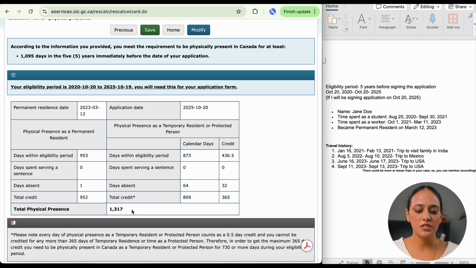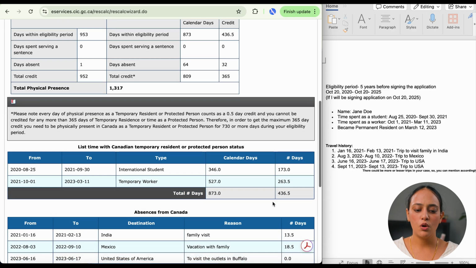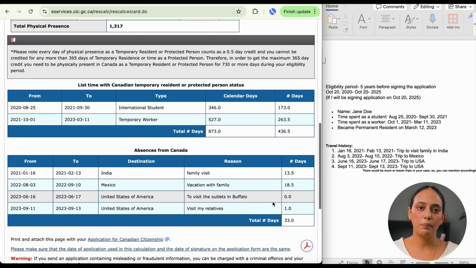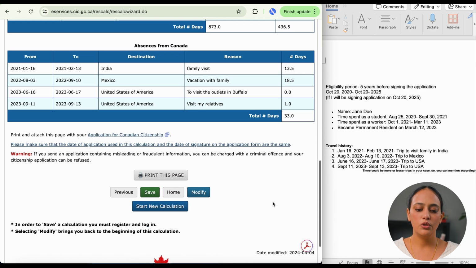But if the physical presence here comes out to be less than 1095 days, then you should wait and apply for citizenship once you complete the days of your physical presence. Along with that, it will also give you all the details that you mentioned in your application. So you can print this page, and if you're going to apply soon, attach it along with your citizenship application.